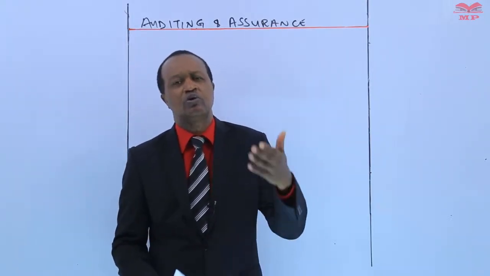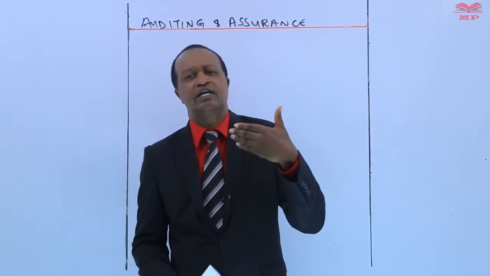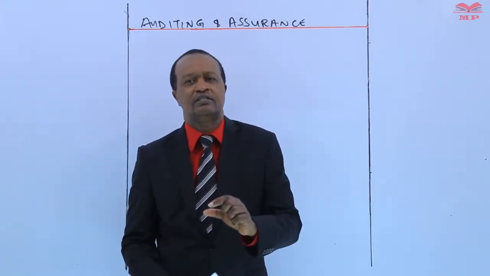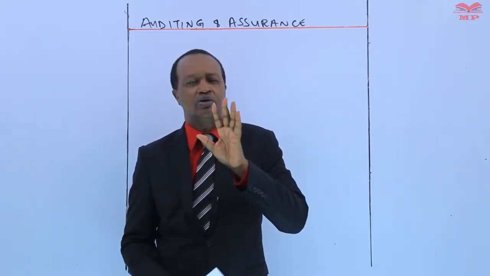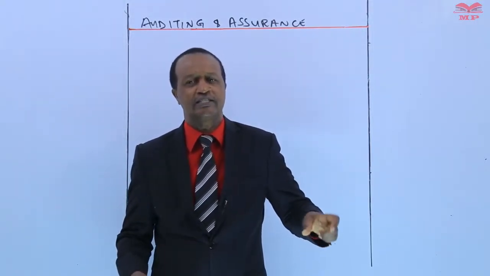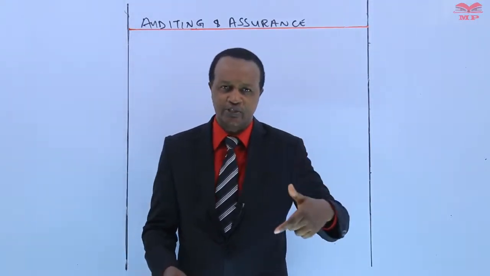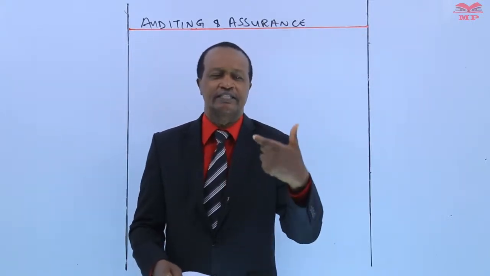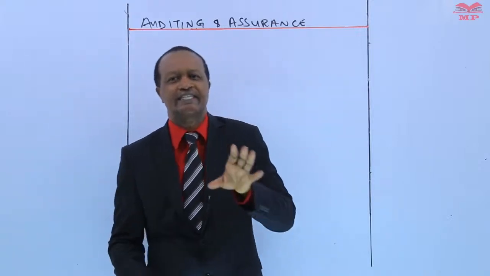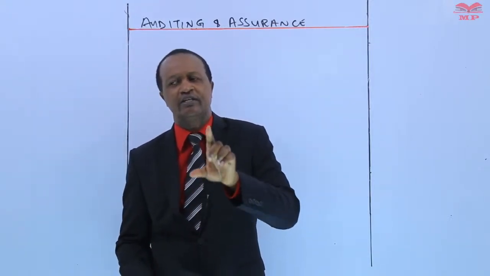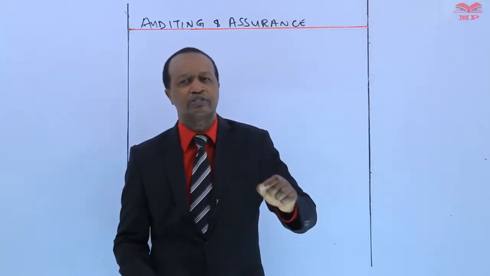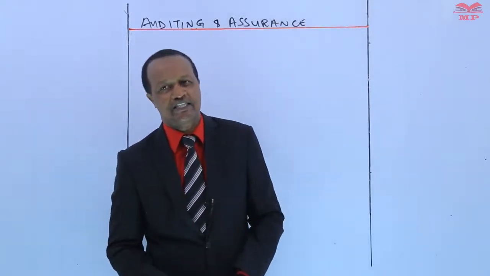But first of all, what is an audit? What is the meaning of auditing? Now, candidates, auditing is the systematic and independent examination of an organization's financial records, statements, and operations to ascertain their accuracy, fairness, and compliance with applicable laws, regulations, and standards.